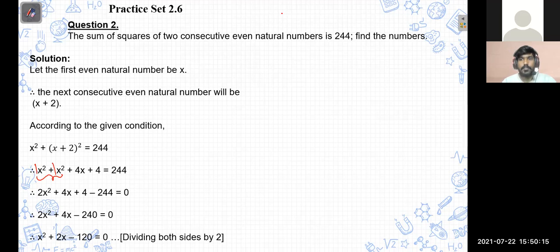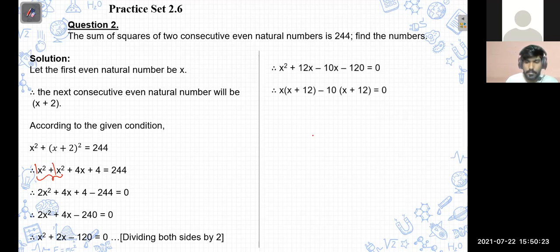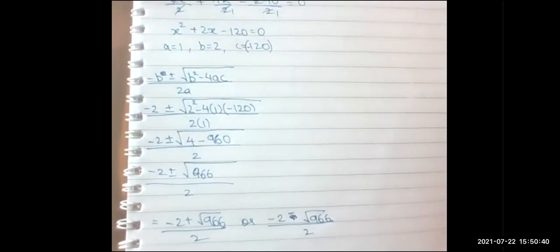Hello? Yeah. So I got x equals minus 2 plus root 966 upon 2, or minus 2 minus root 966 upon 2. Show me the calculation. 4 into 120.